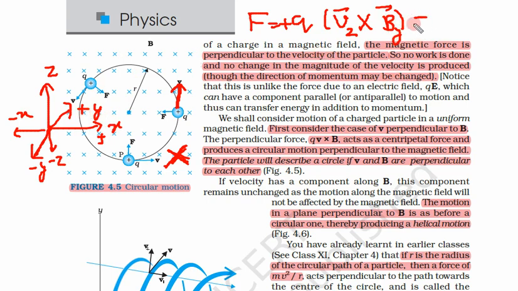So what would be the equation? Plus Q, V_z is K, cross B_y is B j.